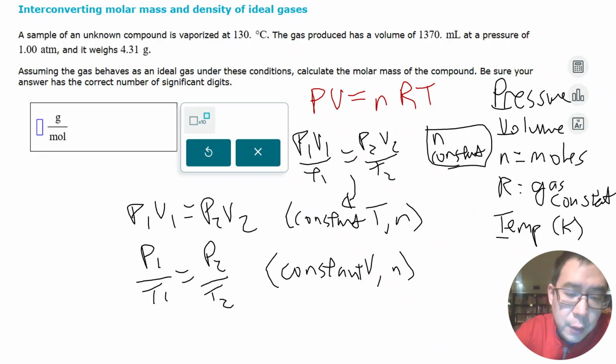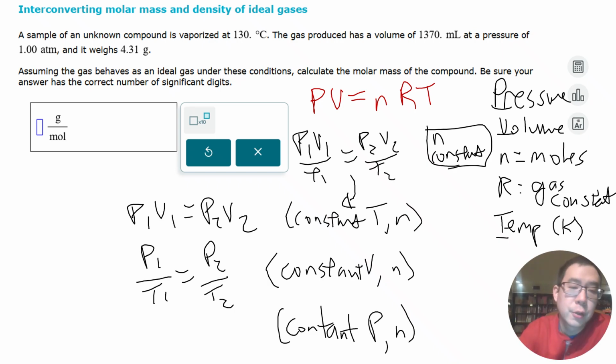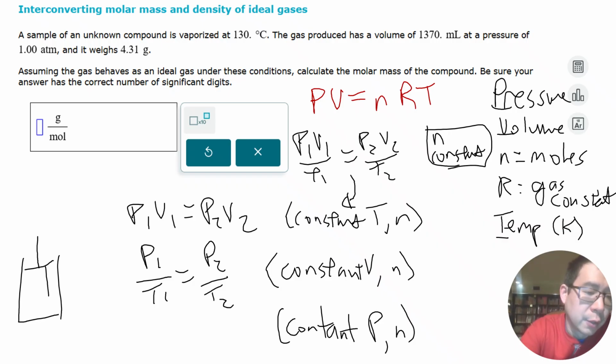Now, if we have a different kind of container where the container can change volume, but the pressure doesn't change. So this is a situation such as when we're using the cylinder with a movable piston that can move up and down against a constant pressure, often atmospheric pressure, but not always.